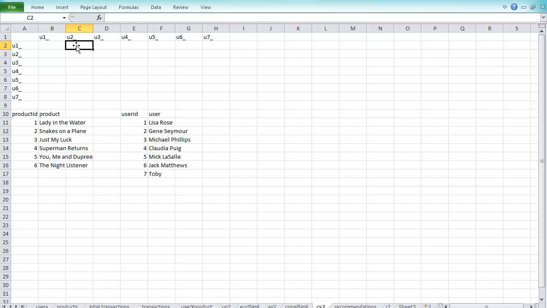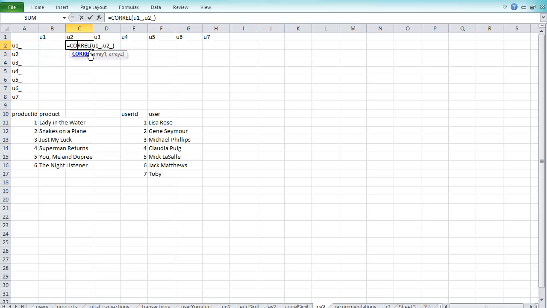So let me write this formula down. It's going to go like this: equals correl, so it's correlation, and we've given some cunning names here. So I'm just going to write equals correl U1 underscore, comma U2 underscore, and it's going to tell me the correlation between the grades that Lisa Rose and Gene Seymour have given.